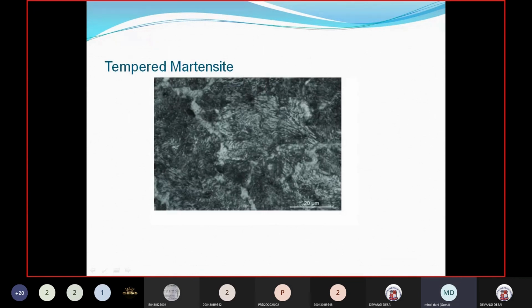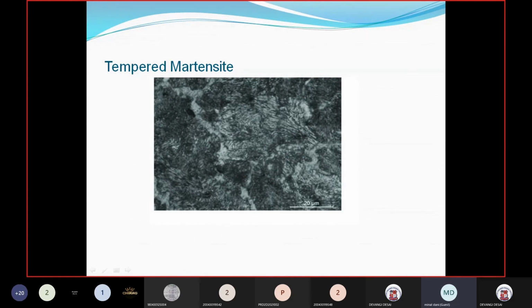So this is the tempered martensite structure, in which the needles I have shown in the martensitic structure become smaller. After performing the hardening, you have to perform the tempering treatment, and then you get tempered martensite.